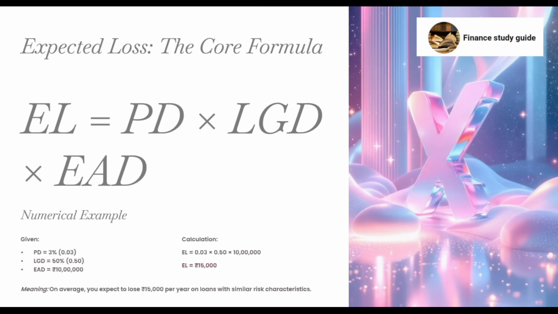Suppose PD equals 3%, which is numerically 0.03. LGD equals 50%, which is numerically 0.5. EAD equals 10 lakh rupees. Then expected loss equals 0.03 times 0.5 times 1 million, equals 15,000 rupees. It means on average, you expect to lose 15,000 rupees per year on loans with similar risk characteristics.